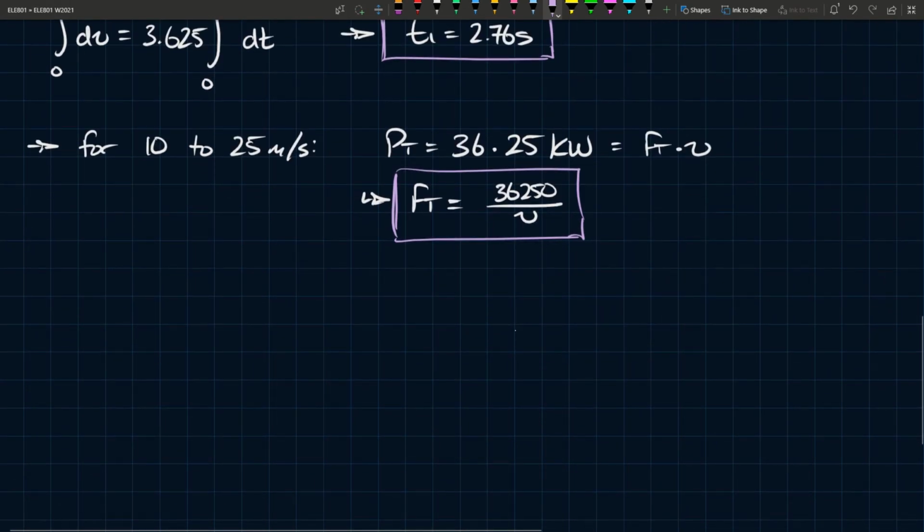So if we want to, we can verify T2 to make sure that we actually meet the requirements, with just a little extra step here.